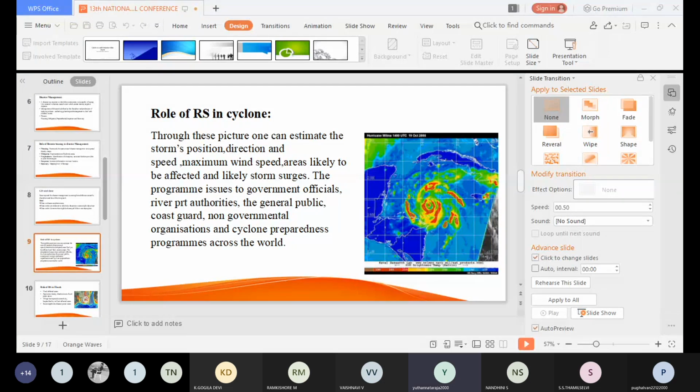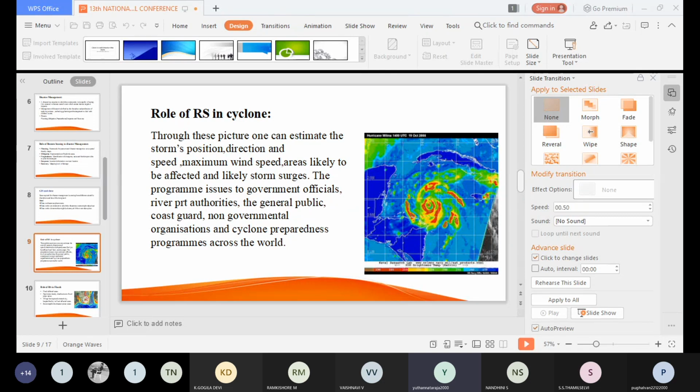Then the role of remote sensing in cyclone, flood, and drought. These are the things we are seeing now. Through this cyclone, we can do modeling and vulnerability analysis. By these analyses, we can do long range climate modeling.